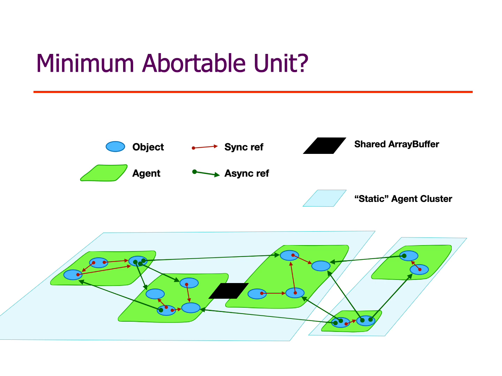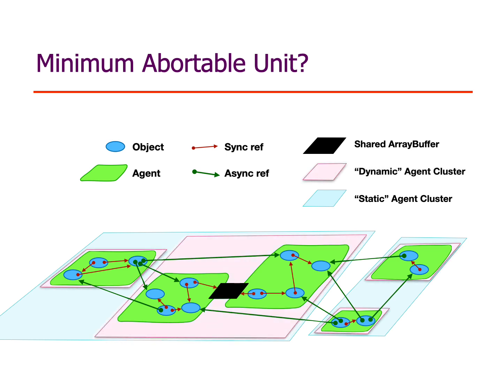So that is certainly a sound unit for jointly aborting, but it's not really satisfying as the minimal unit because there can be a tremendous number of agents within the agent cluster, and sacrificing all of them to preserve consistency seems unfortunate.